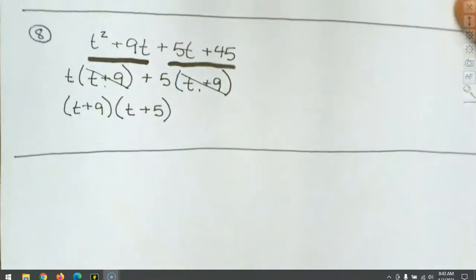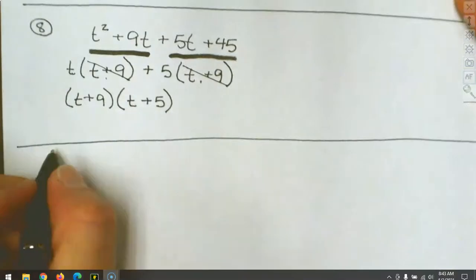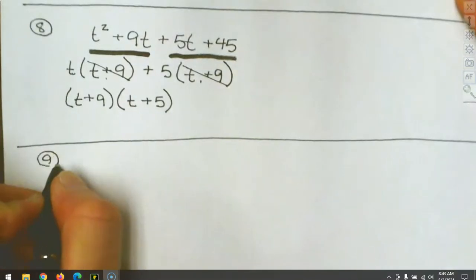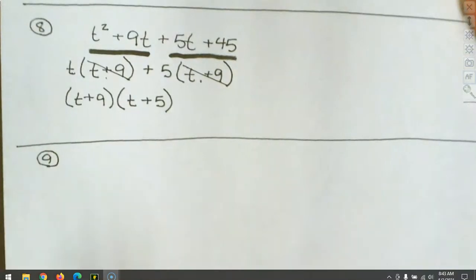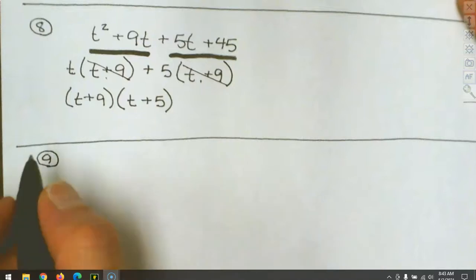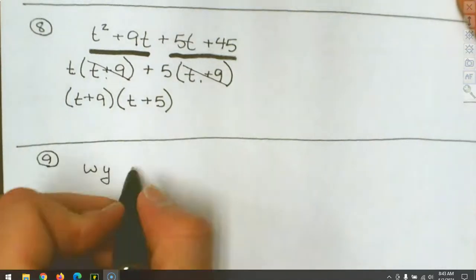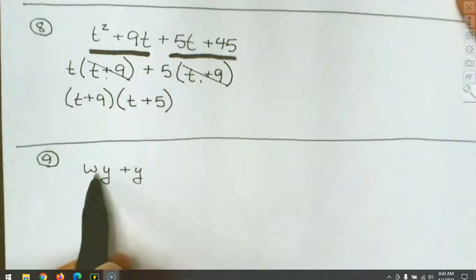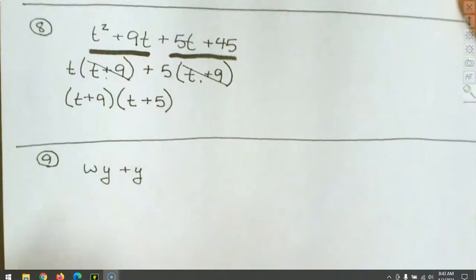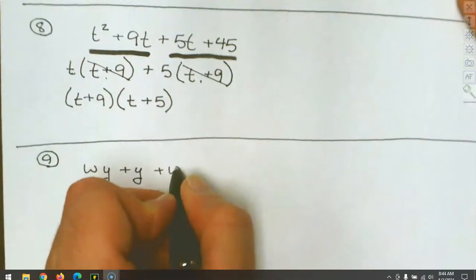Nine is another factor by grouping. And this applies when you have 4 terms. So we have wy plus y, yw plus y, plus w plus 1.